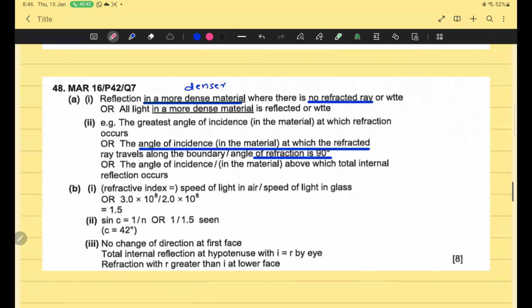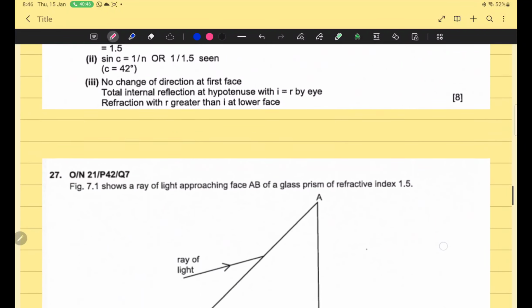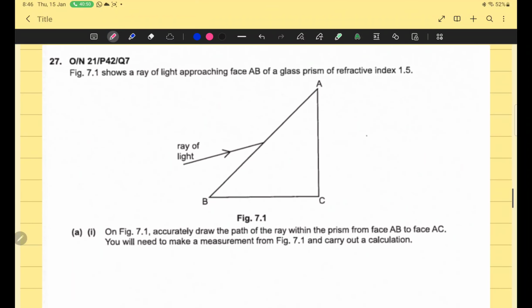Marking scheme is also attached, so you can see. And now question number 27, October, November 2021. This is again a prism, and in this question, this is the boundary, and on this boundary you have to draw a normal.